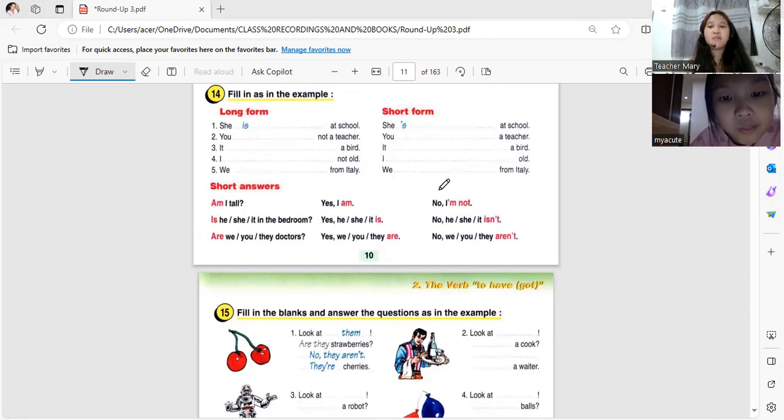Can you read this one? They blank going to the beach on Sunday. What is the answer for this one? What is the missing word? They are going to the beach on Sunday.